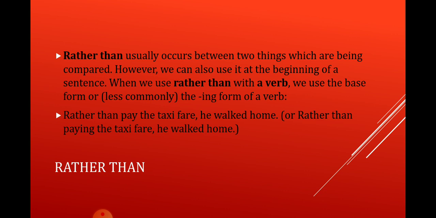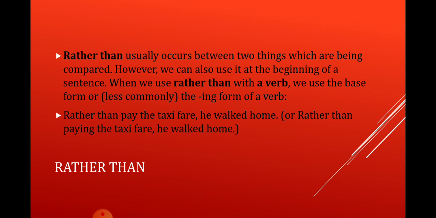However, we can also use it at the beginning of the sentence. When we use rather than with a verb, we use the base form. So we could use it at the beginning of the sentence with the verbs, and the verb is going to be either in the infinitive form, in the base form, or in the ing form.